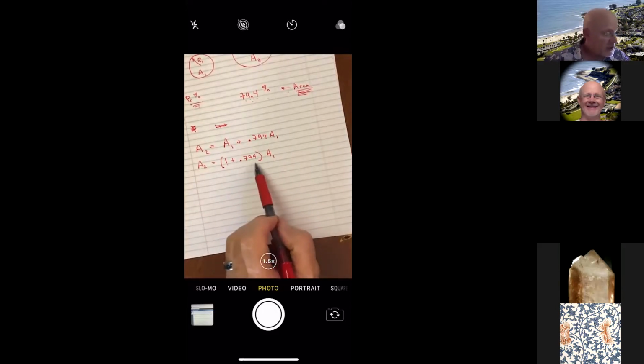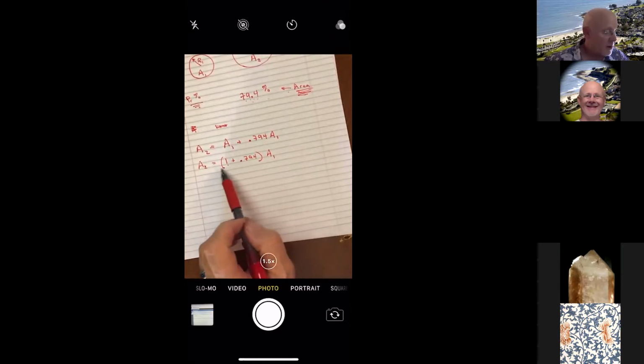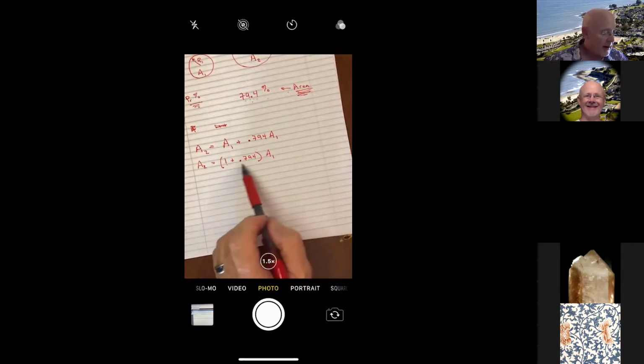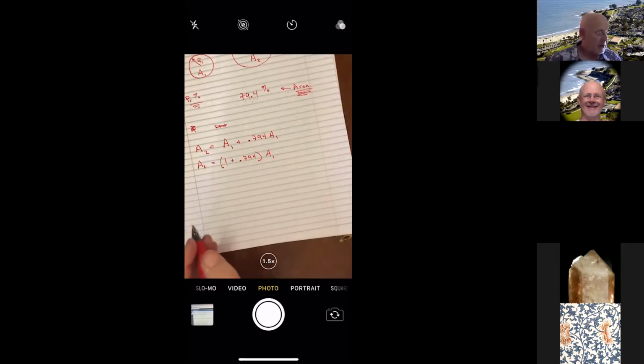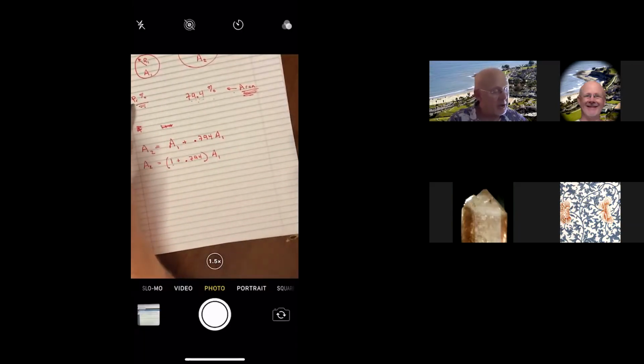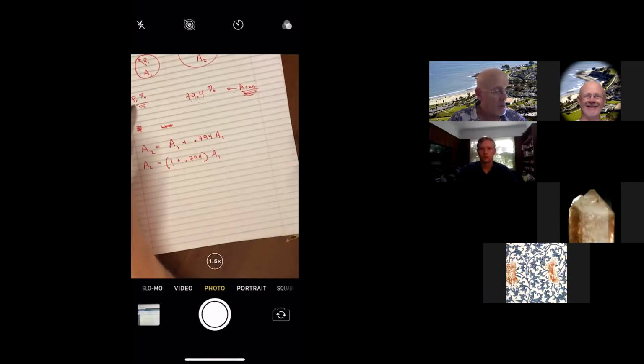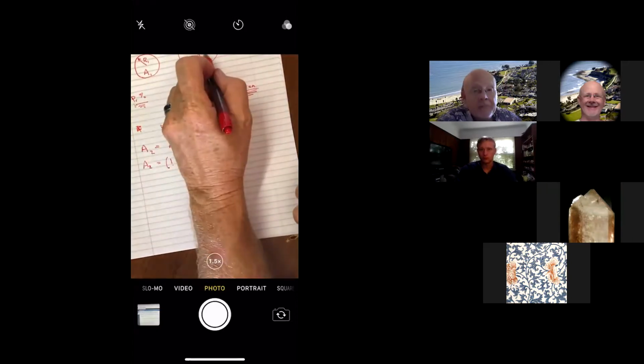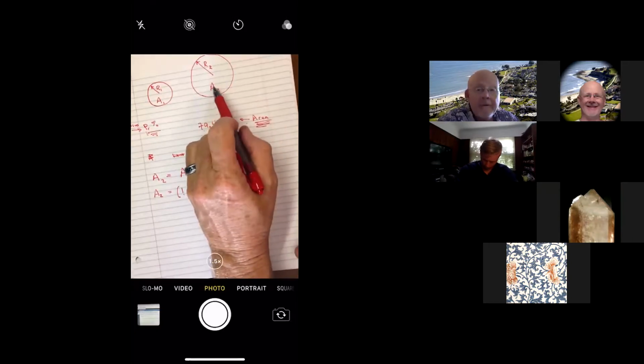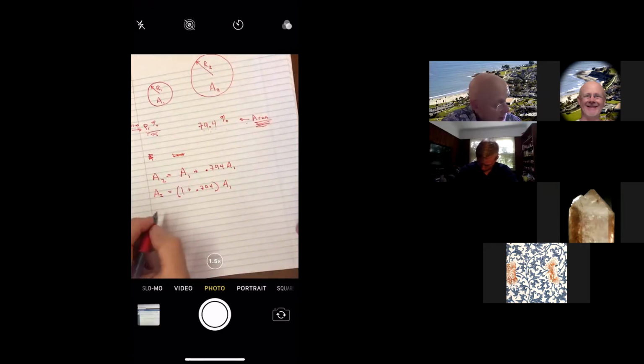So this is my equation, if you will, for how much bigger the area is. But we're asked to find how much bigger the radius is. So let's talk about the area of a pizza pie. Do we use pi r squared for this?